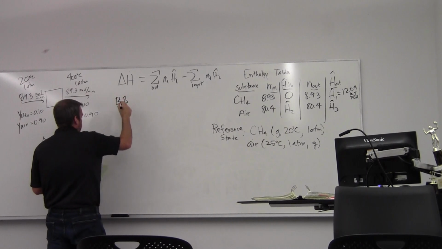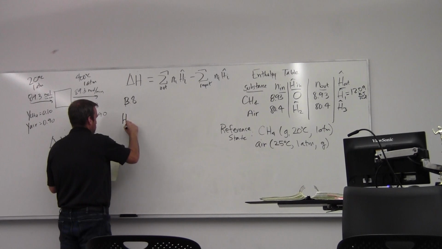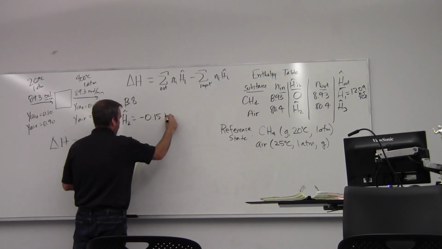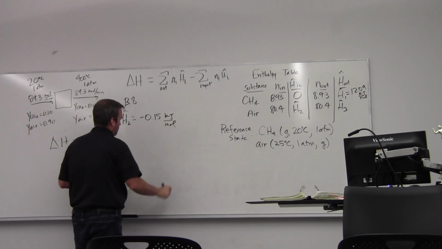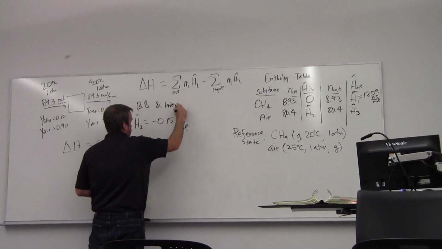I'm going to go to B8 for air, and I get H2 is equal to negative 0.15 kilojoules per mole. I had to use B8 and I had to interpolate.